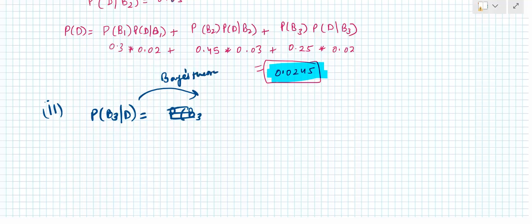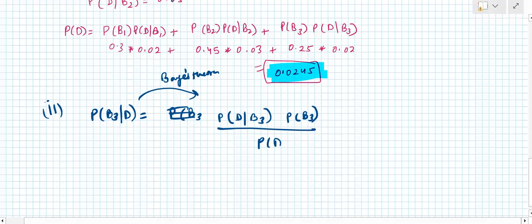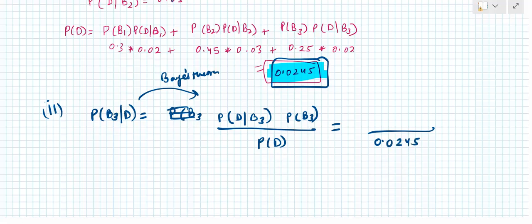So that would be probability of D given B3 into probability of B3 divided by probability of D, because we already calculated it. Otherwise you can use the total probability. So it is 0.0245. The probability of D given B3 is 0.02, and the probability of B3 is 0.25. So this will be 10 by 49. So you see, this is how you are going to use Bayes theorem.